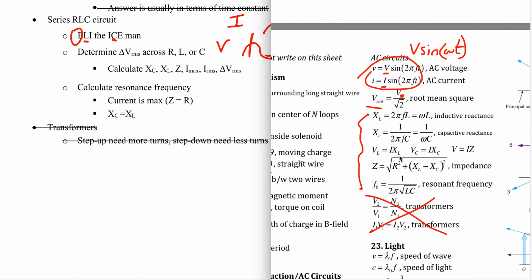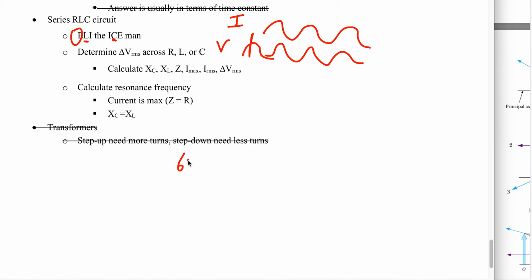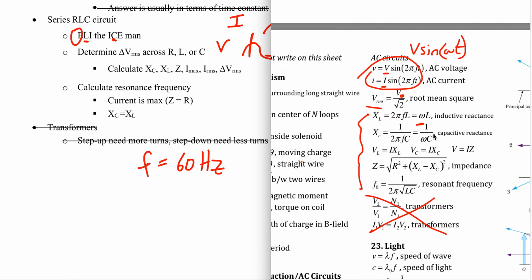And the capacitive reactance, think of it as the resistance of the capacitor. To calculate them, you need to know omega, which you are either given f in the problem. It says, hey, you have a 60 hertz, then that means you're given f, and then you can do 2 pi f to get the omega. Or if you're given the equation, then you can just get omega from whatever's in front of t. You can calculate these two.